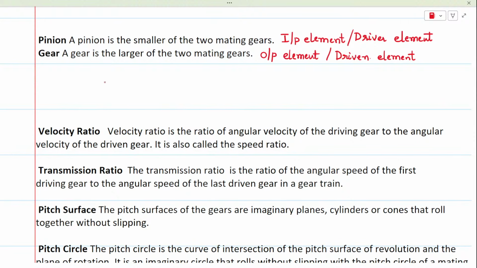Okay. So if I write the power equation, P is equal to 2 pi N T by 60, or 60,000 if this is in watts. From here you understand that torque and speed have an inverse relationship. So when you are trying to increase the speed, the torque definitely drops, or when you are trying to increase the torque, the speed is definitely going to drop.